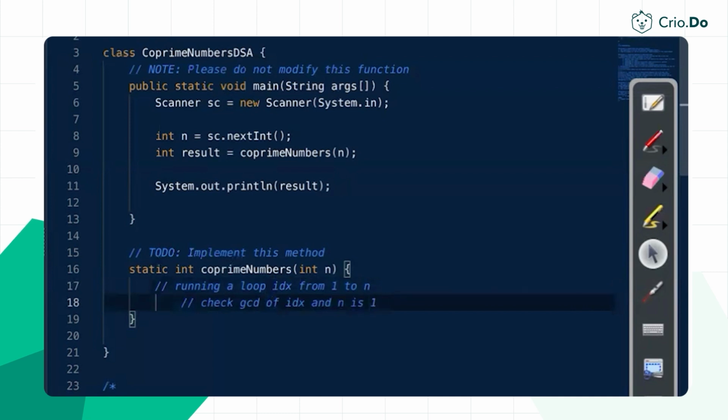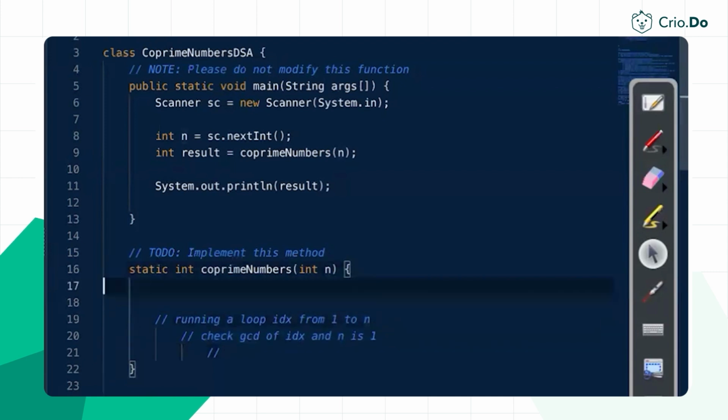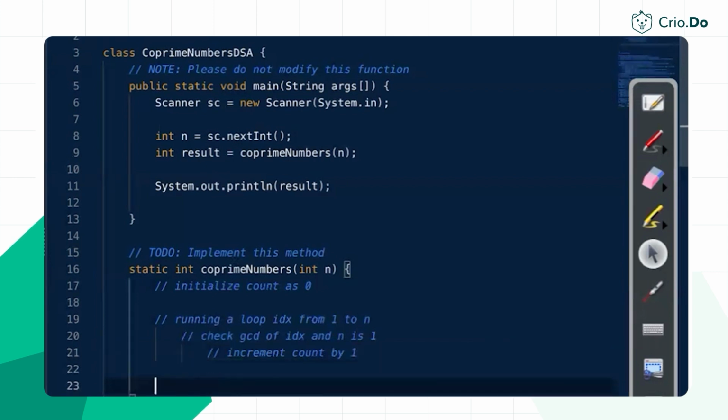If the GCD is 1, then the numbers are co-prime, and we increment the count. We maintain the count because we only have to print the number of co-prime numbers. So initialize the count as 0, and whenever we find GCD as 1, increment count by 1. Finally, we just return the count variable.